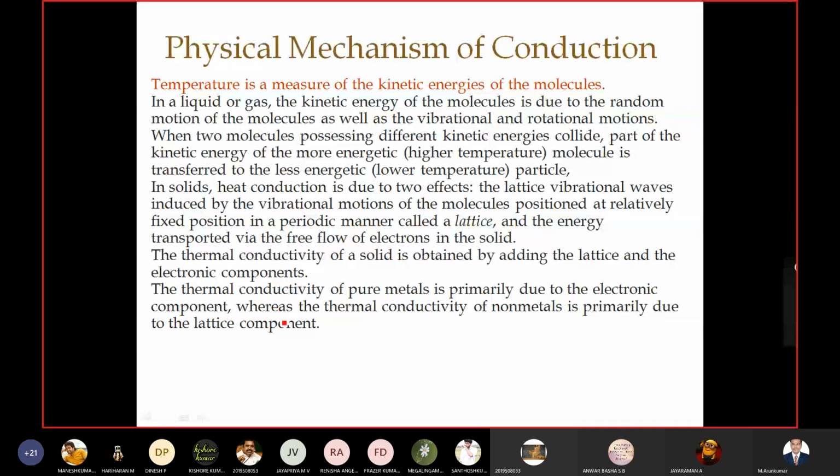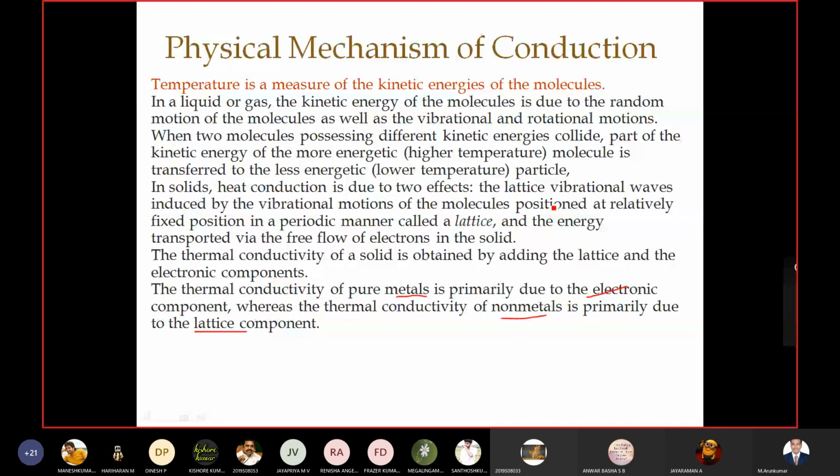Whereas for non-metals, in metals the heat conduction is purely because of the electrons. Then for non-metals, heat conduction happens because of the lattice components.